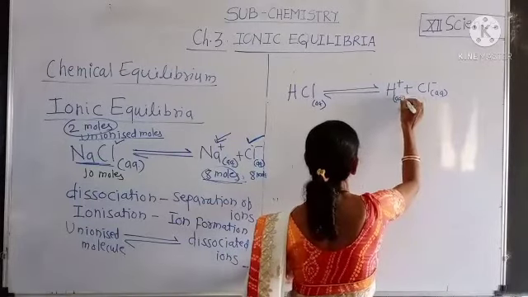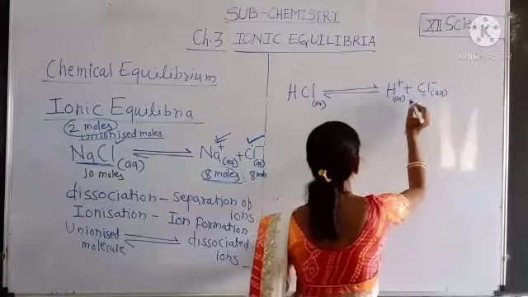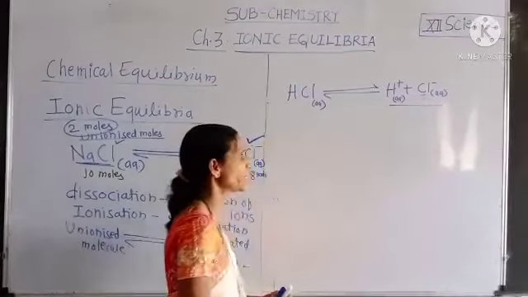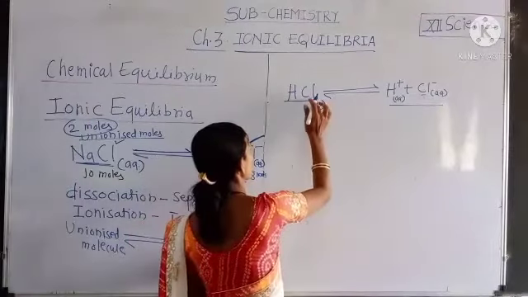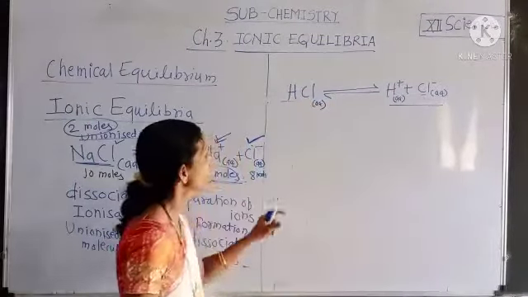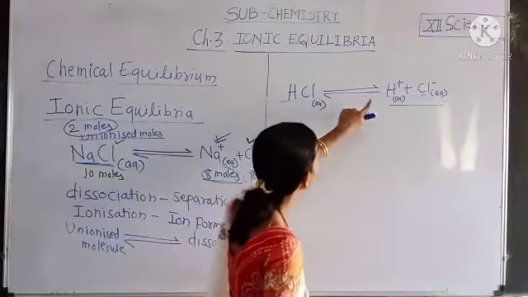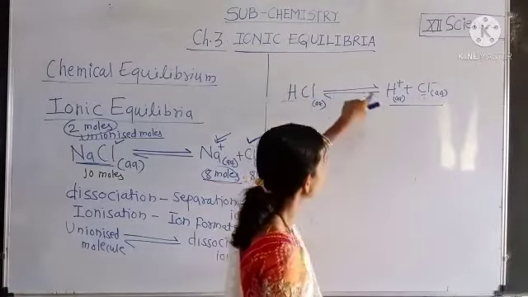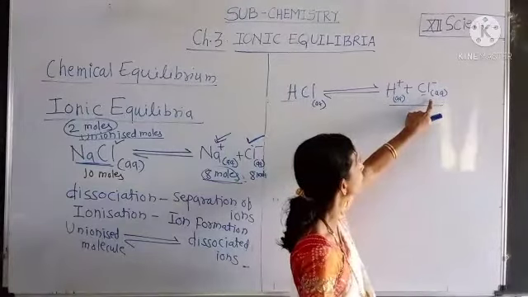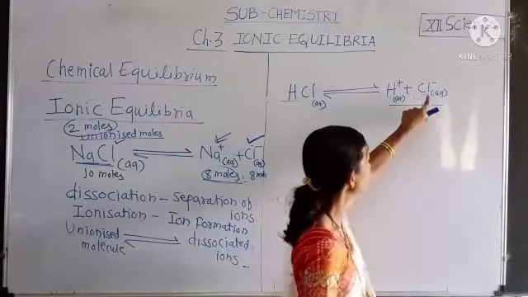That means here H plus and Cl minus are dissociated ions, and HCl is the molecule, and equilibrium is attained between the undissociated HCl molecule and the dissociated ions H plus and Cl minus.